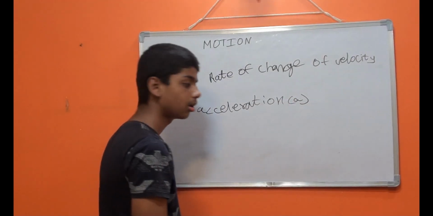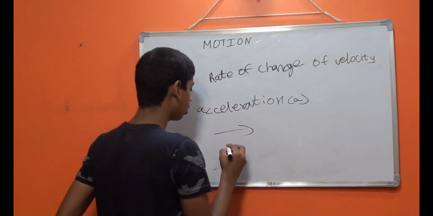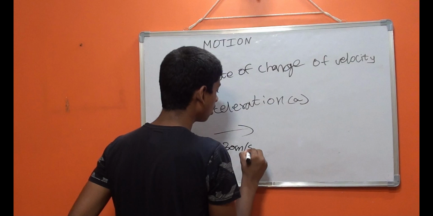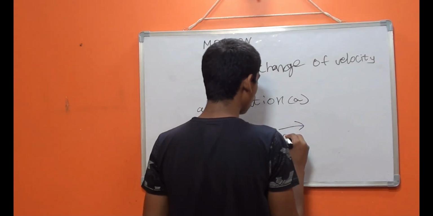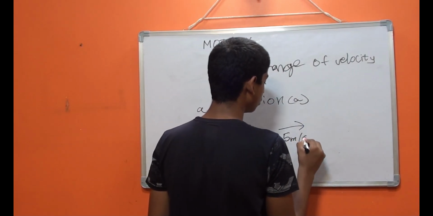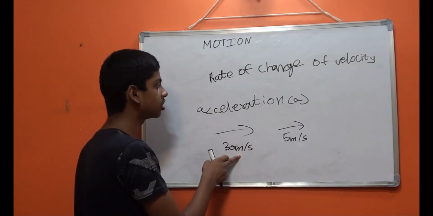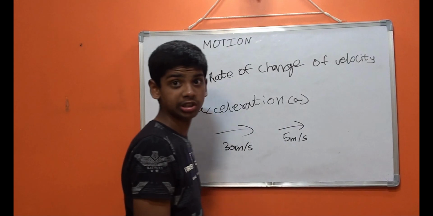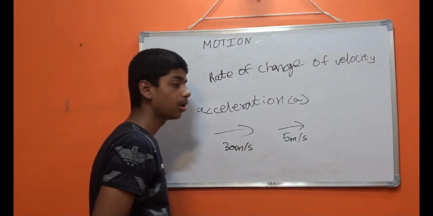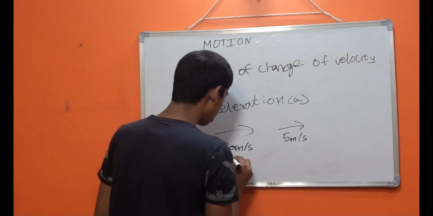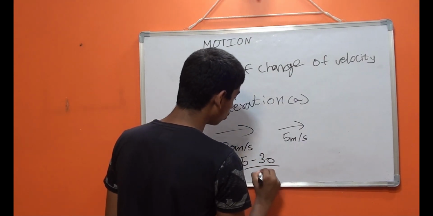For example, a body is moving with a speed of 30 meter per second, then at last its speed went to 5 meter per second. Here this is the initial velocity and this is the final velocity. So the change in velocity would be 5 minus 30.